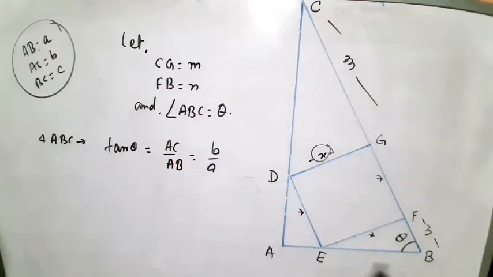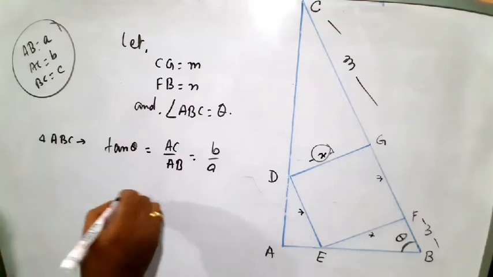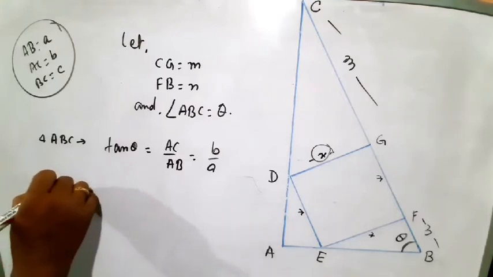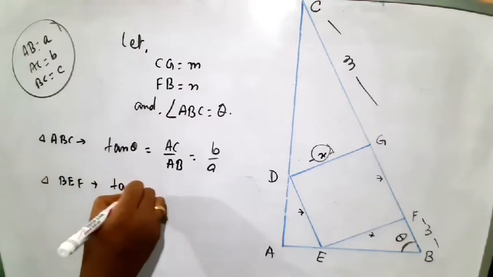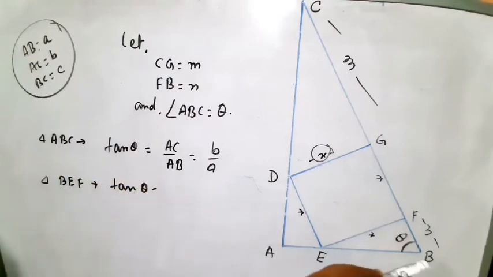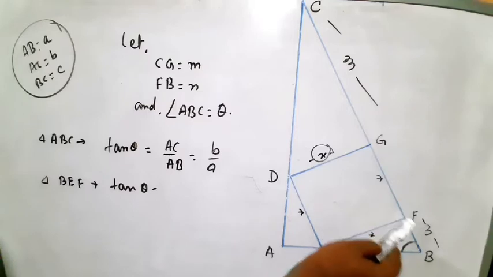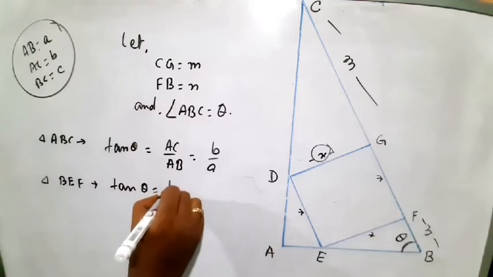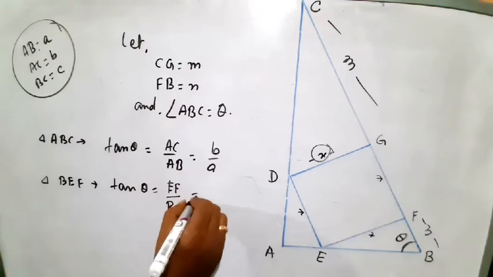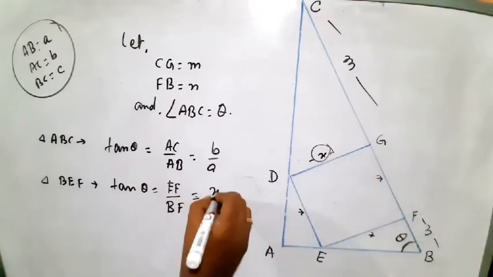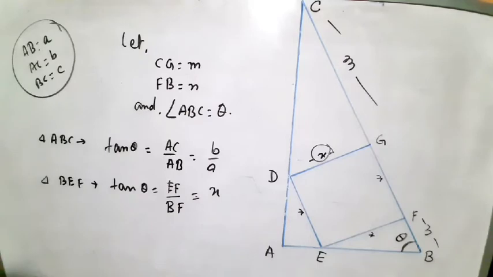From triangle BEF we can also find tan theta. Here, with respect to theta, this is height and this is base. So EF over BF, where the value of EF equals x and the value of BF equals n.